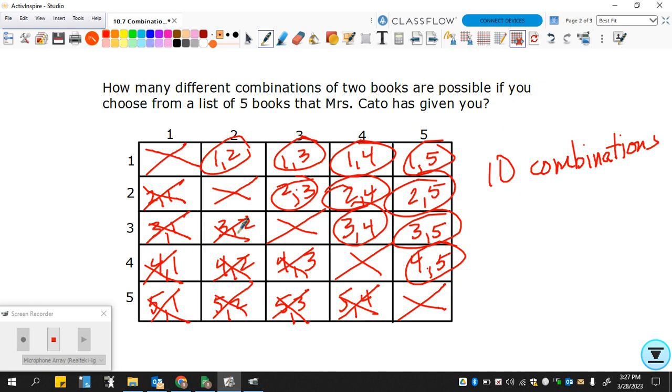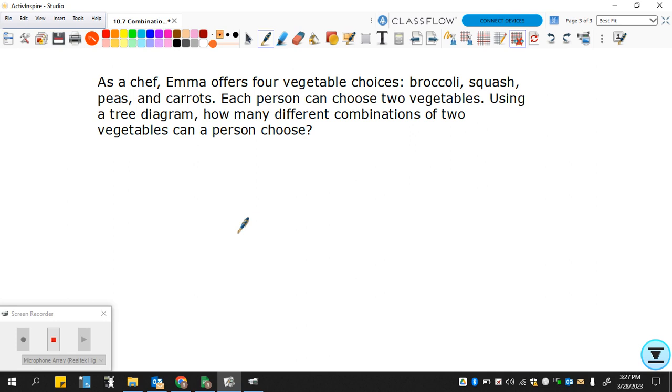All right. As a chef, my friend Emma offers 4 vegetable choices. Okay, broccoli, squash, peas, and carrots.